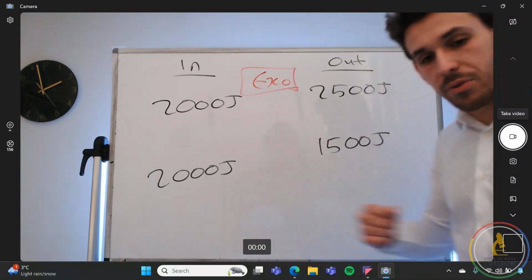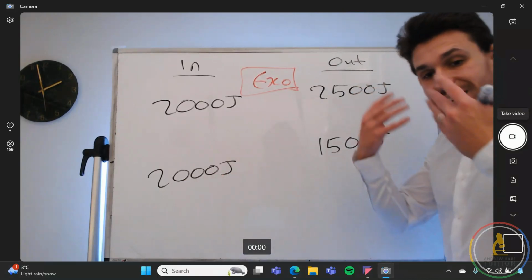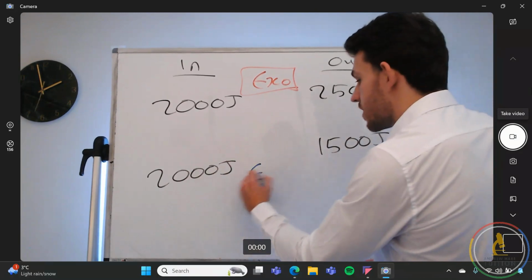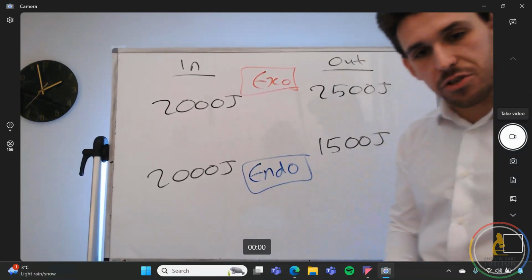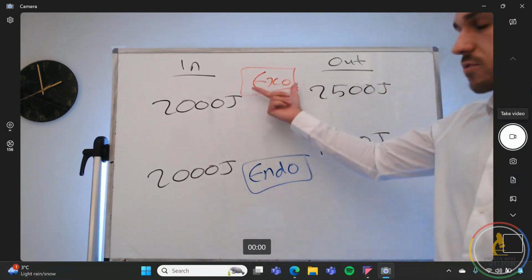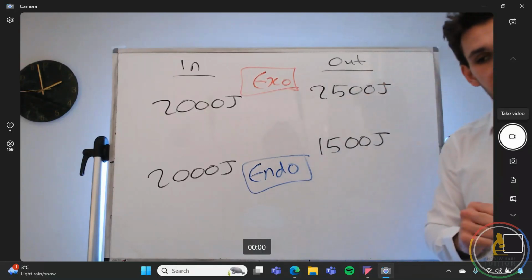And this discrepancy means that overall, energy is going to be taken in. The endothermic process wins here. And so this would overall be an endothermic reaction. And that is why some reactions are exothermic and some reactions are endothermic.